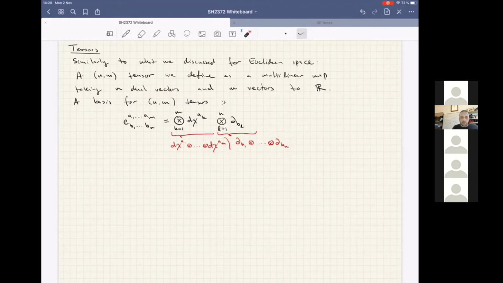And any nm tensor here may be written as a linear combination of these basis tensors.